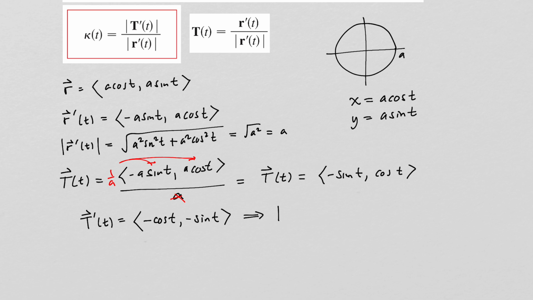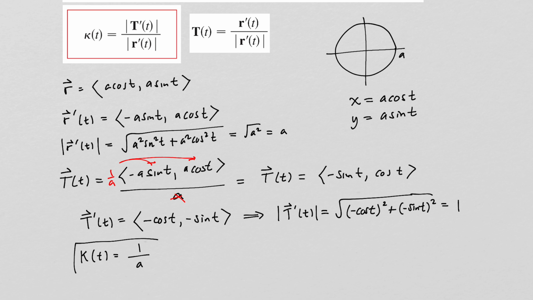And then the magnitude of T prime will be the square root of negative cosine of t, quantity squared, plus negative sine of t, quantity squared. And this, of course, is equal to 1. And so the curvature, kappa of t, will be the magnitude of T prime, which is 1, divided by the magnitude of r prime, which we found was a. And so this is 1 divided by a.